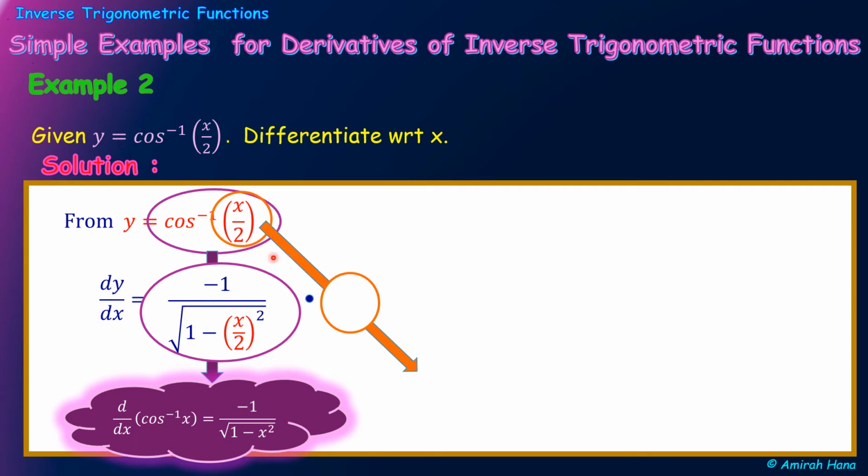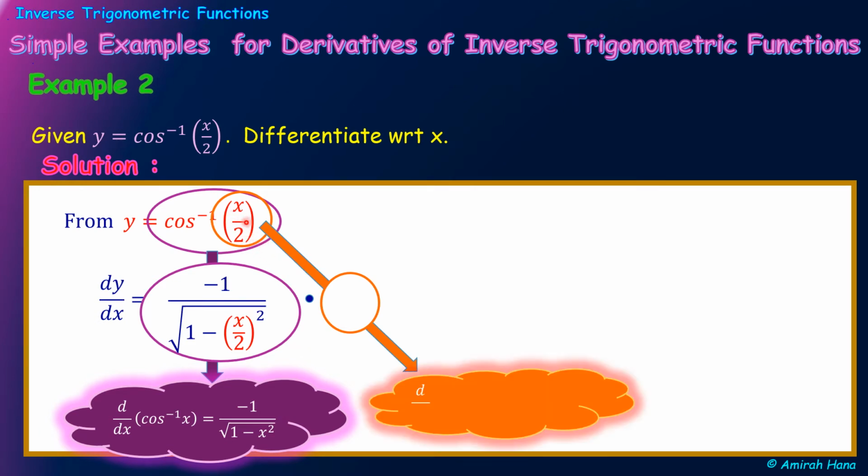After that, we differentiate x over 2. x over 2 means half x. When we differentiate 2x, we get 2, so when we differentiate half x, the answer equals half.